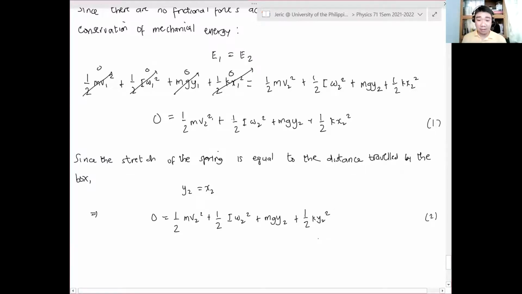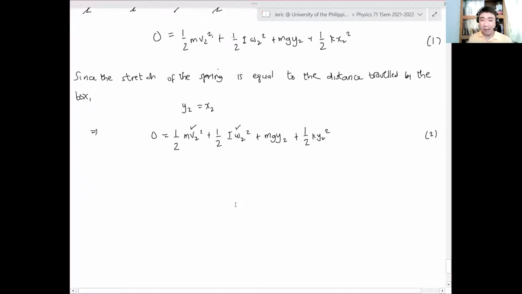And from that, now we have an expression for the energy. The question now is this: I have my linear velocity here and I have my angular velocity here. So there are two unknowns in one equation. Therefore, we cannot solve it uniquely. We need another equation to determine a unique solution for equation 2.